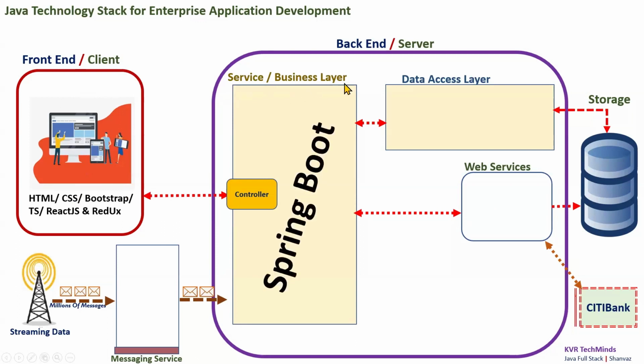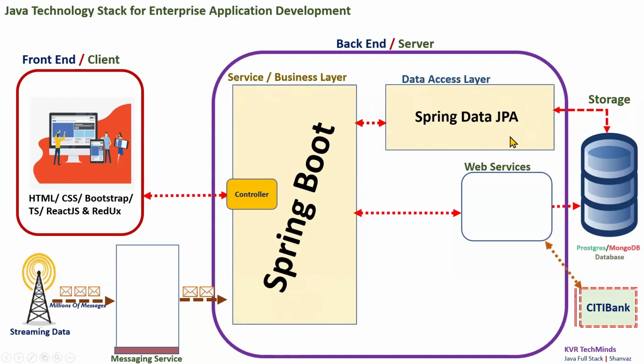Next is the service or business layer. We will be using Spring Boot here. Spring Boot is the framework we use in the service or business layer. To build the data access layer, we will be using Spring Data JPA, a framework for building the data access layer.